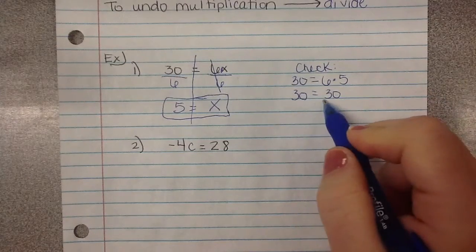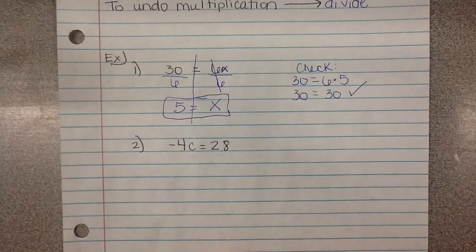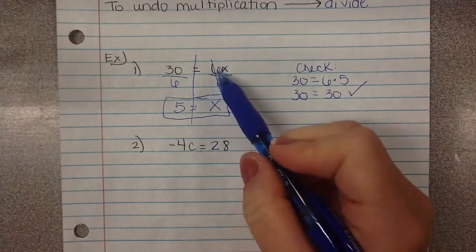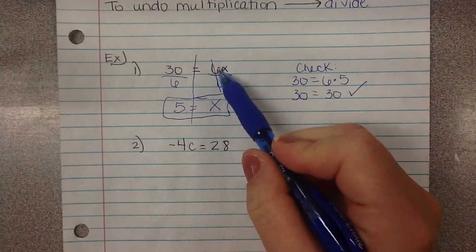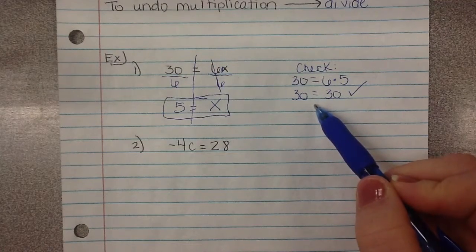Is this true? I got it to work, so we know we did our problem correct. Divide on both sides to get rid of whatever is with our variable. Plug it back in, see if we got it correct.